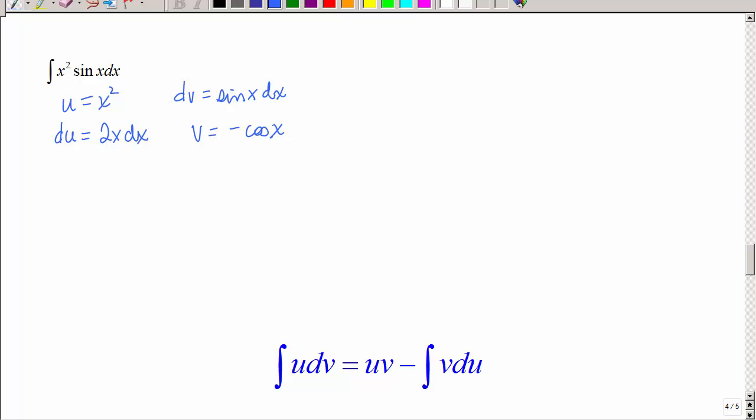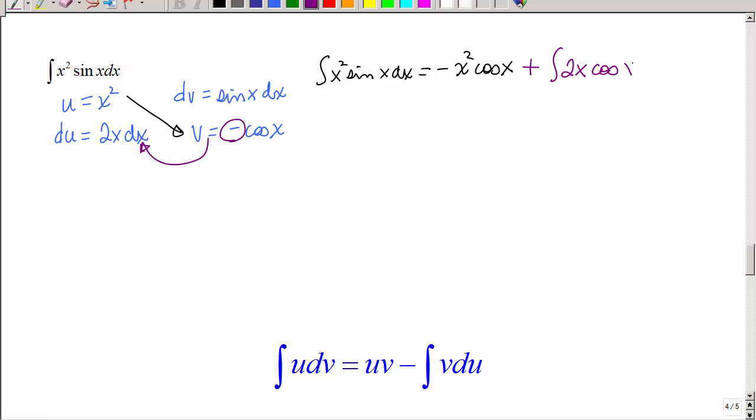Okay, so by parts, I would have x squared sine x dx equals u times v, so that's going to be minus x squared cosine x minus the product of those, so I have a minus, so that's going to become plus 2x cosine x dx. Do I know how to integrate this? No, not directly. I have to use by parts again.